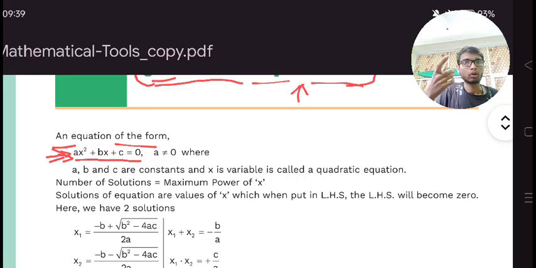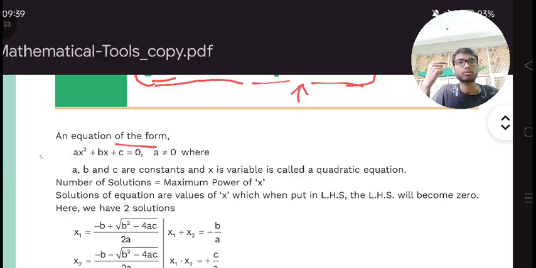Yeah, I am breaking it down, each part. In this quadratic equation, I can confidently say that yes, this is a quadratic equation. Why? There is a reason. I will tell you that reason.